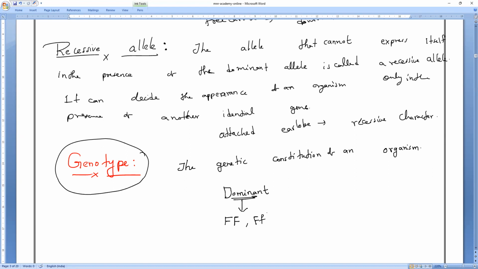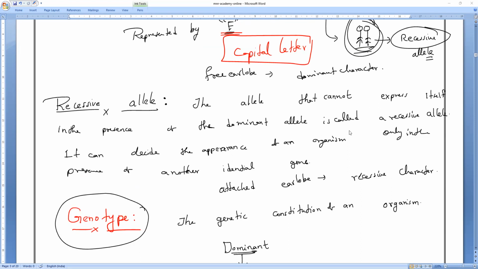That is called dominant, guys. Whatever it is, any character, please remember. And one more thing I forgot: recessive is represented with the corresponding small letter, like small f. Capital letter is for dominant, small letter is for recessive only.